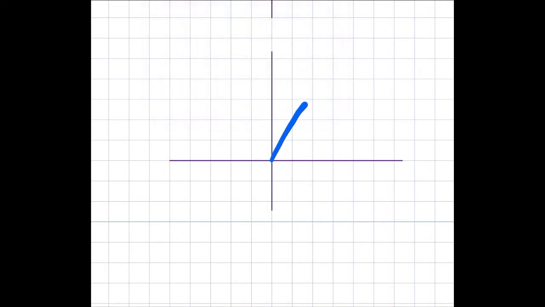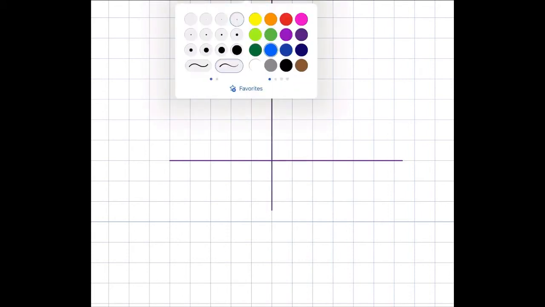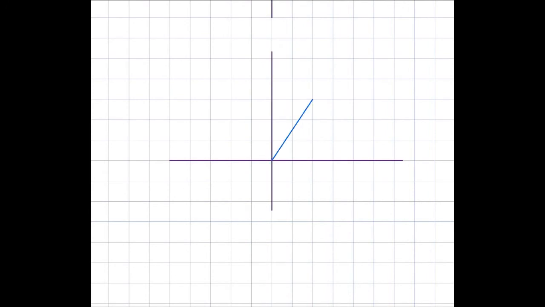Suppose I have a position vector p0, which is (x0, y0), and suppose it's traced out by this direction vector, we'll say this is d.